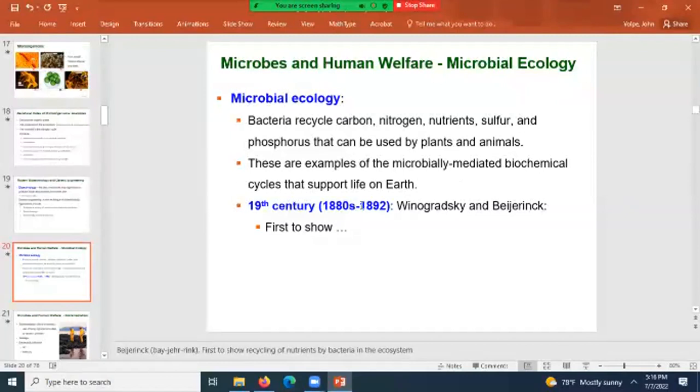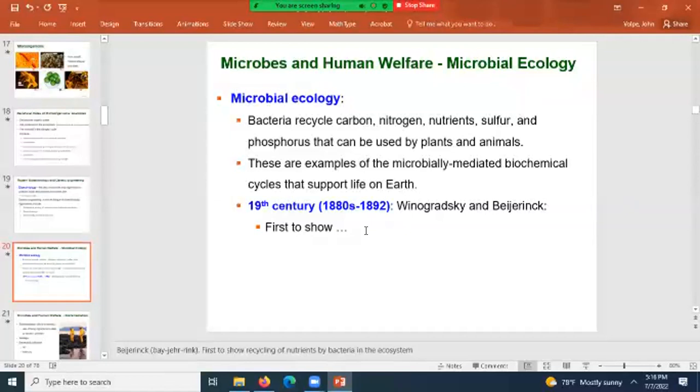The microbial mediated biochemical cycles were first studied by Winogradsky and Beijerinck. And they found these microbial mediated biochemical cycles because they were studying microbes in batch, meaning they didn't study microbes by only studying one species.